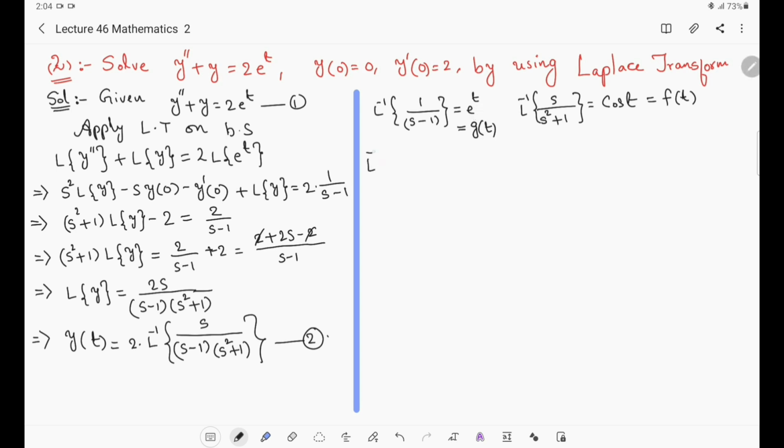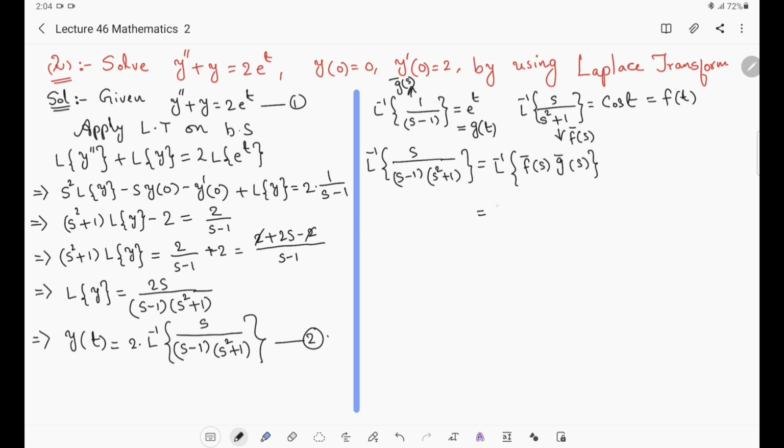So now from the convolution theorem, Laplace inverse of s by (s minus 1) into (s square plus 1) is nothing but, see, this will be g bar of s and this will be f bar of s. So this is nothing but Laplace inverse of f bar of s into g bar of s, right?